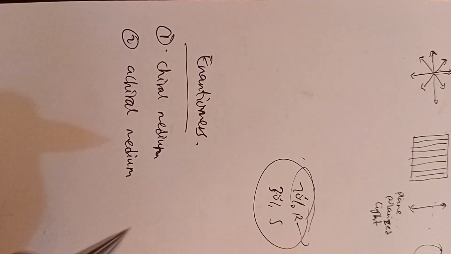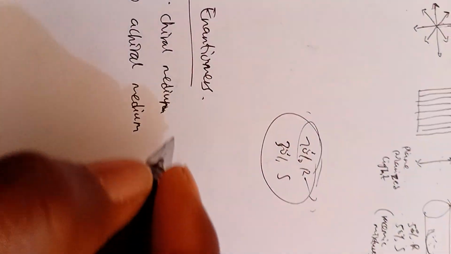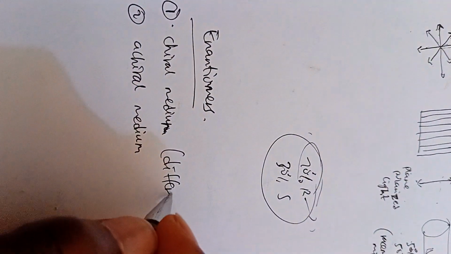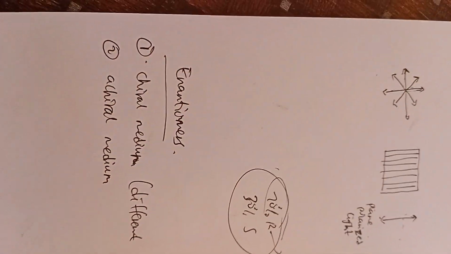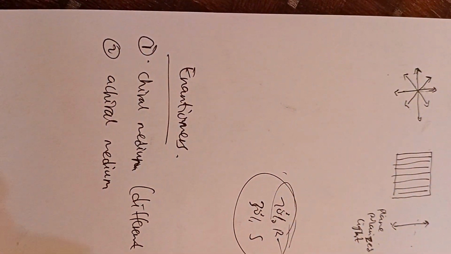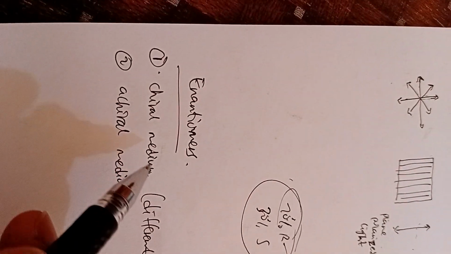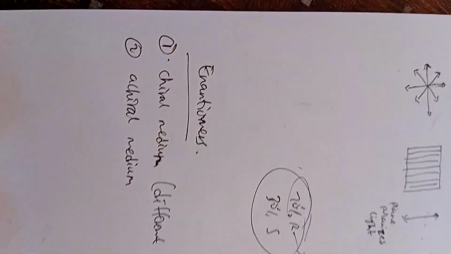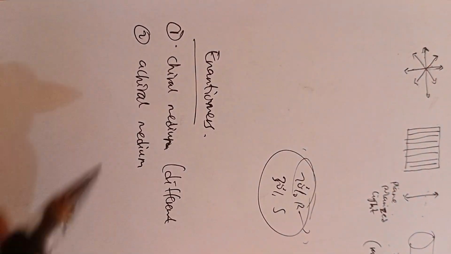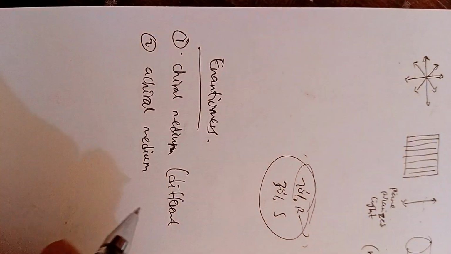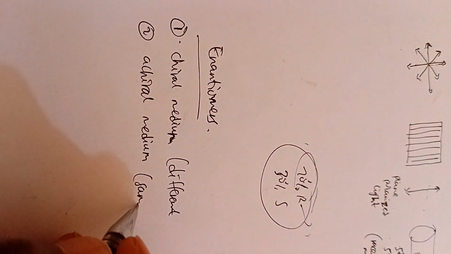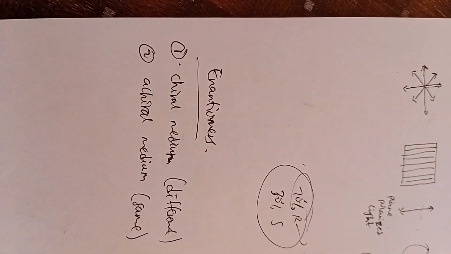Good. So if you put them in a chiral medium, they behave differently. They are already chiral, so if you introduce them into another chiral environment, they behave differently. But if you put them in an achiral environment, how do they behave? They still behave the same as they were.